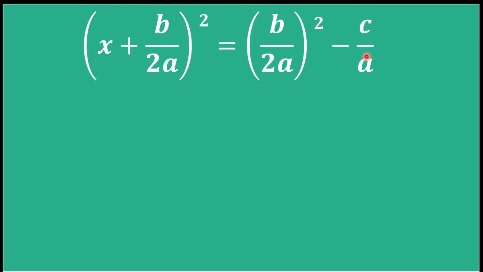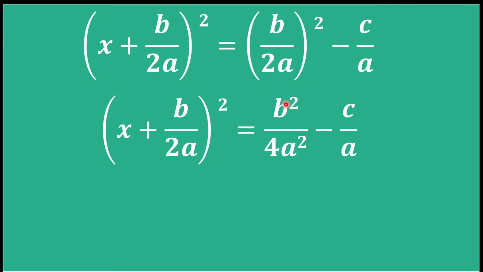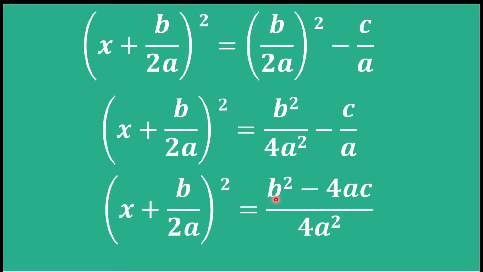And now here we will open this bracket, so b squared, and this will become 4a squared, minus c divided by a, and then we will take LCM of this value. So 4a squared is the LCM, so 4a squared divided by 4a squared equal to 1, and 1 multiplied by b squared, so this will become b squared.